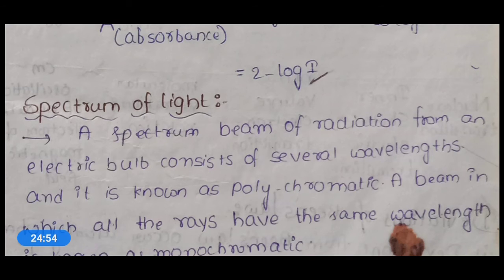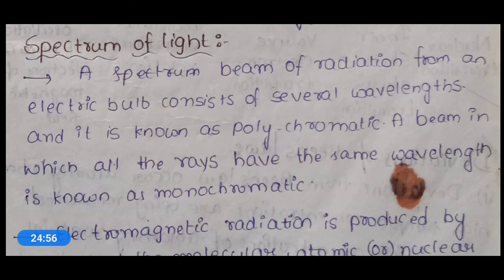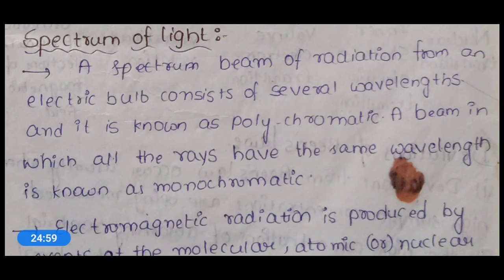Here, the beam of radiation from an electric bulb. For UV visible spectrometry, colorimetry, or any such experiments, the light source will always be a bulb. Based on the source of light, the bulb will change, but overall you can take an electric bulb as an example.